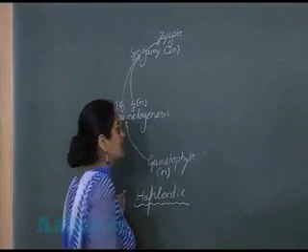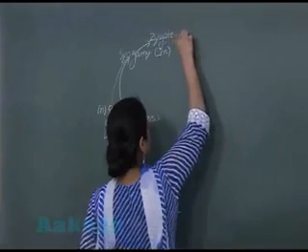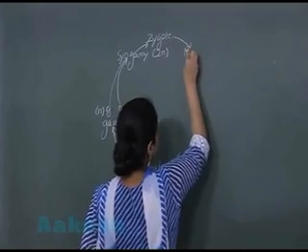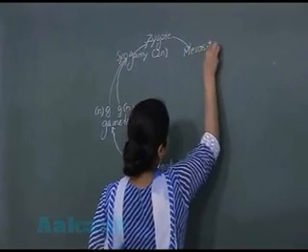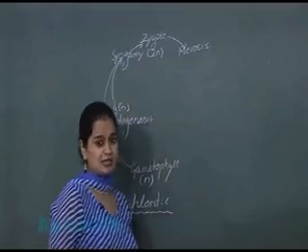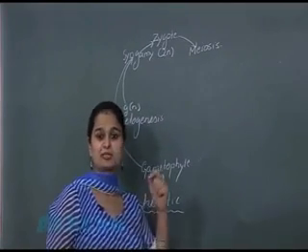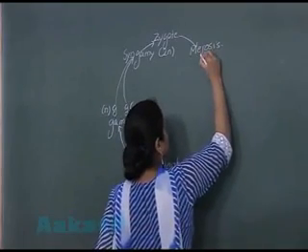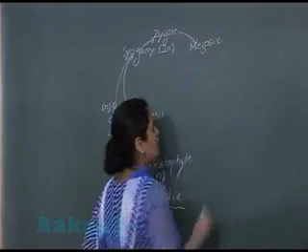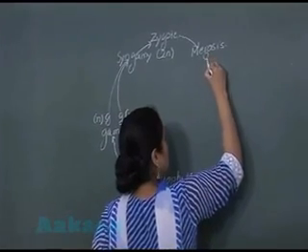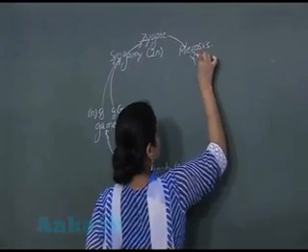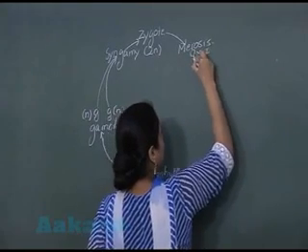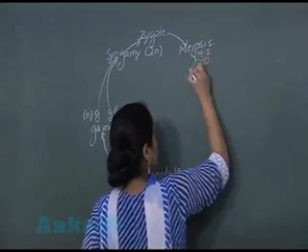Now this zygote will show meiosis. You know that in meiosis there are two phases, meiosis 1 and meiosis 2. So let's say this is zygote. ये zygote है. It undergoes meiosis 1. And after meiosis 1, it forms two daughter cells.